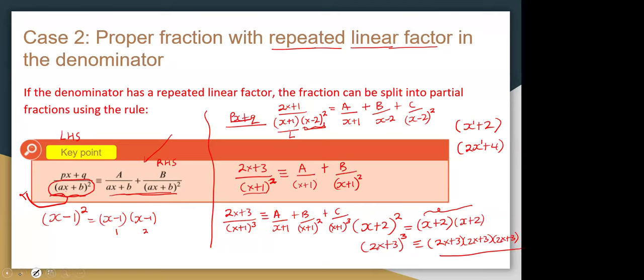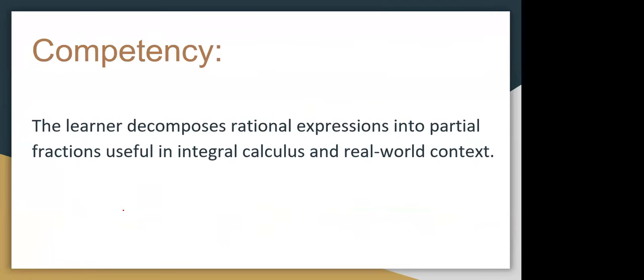Now let me use this slide to explain it well. Let me use this example, 2x plus 1. This is just an example, members. Remember, I've said this is a out of x minus 1 plus b out of x minus 1 squared.